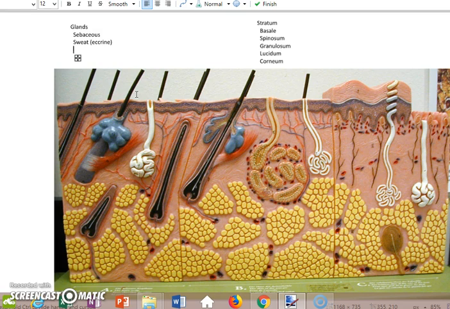The other type of gland is called an apocrine, and it's also a type of eccrine gland, and you'll see it here. This is the one that produces a smelly kind of oil, but you know, it's not smelly at first.